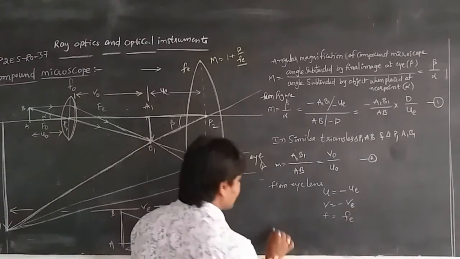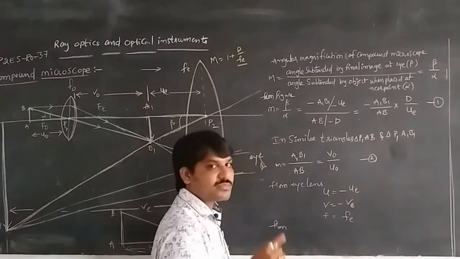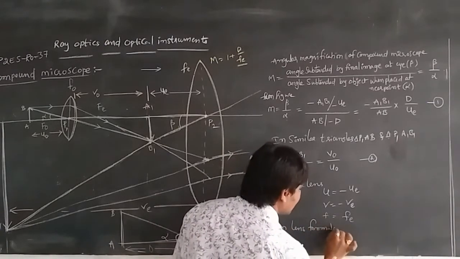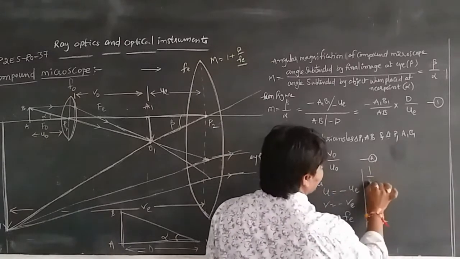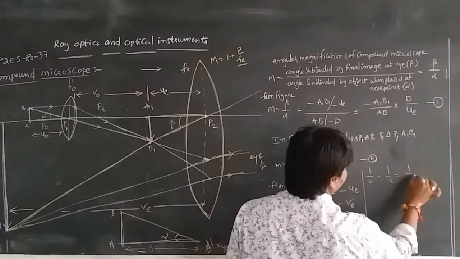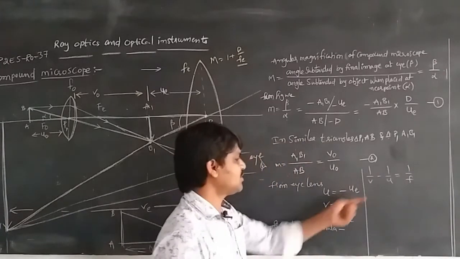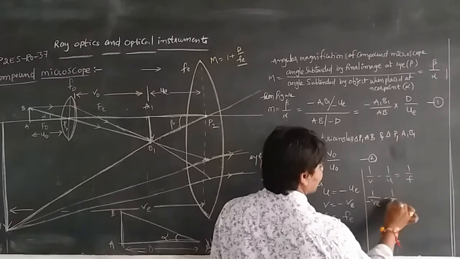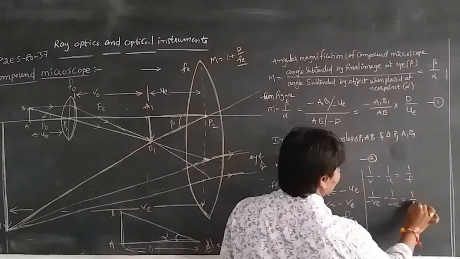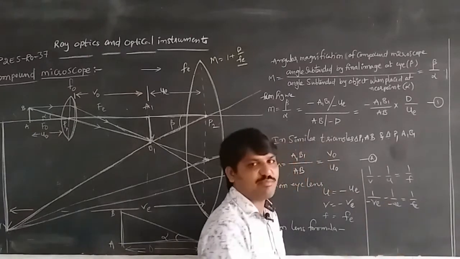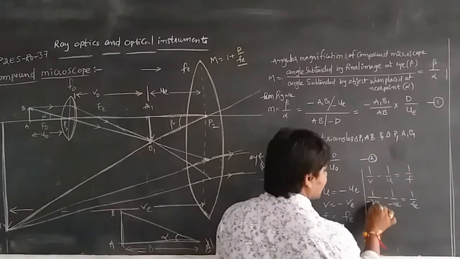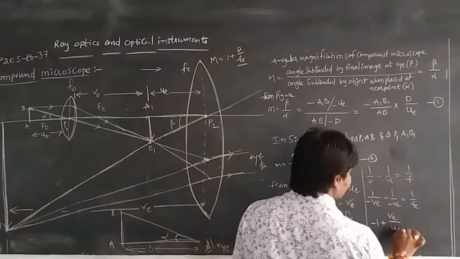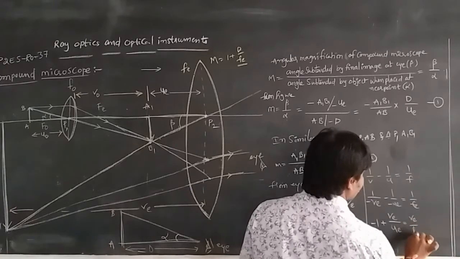From the lens formula, 1 by V minus 1 by U is equal to 1 by F. Substituting these values, 1 by VE minus 1 by minus UE is equal to 1 by FE. Multiplying both sides with VE, we get minus 1 plus VE by UE is equal to VE by FE.